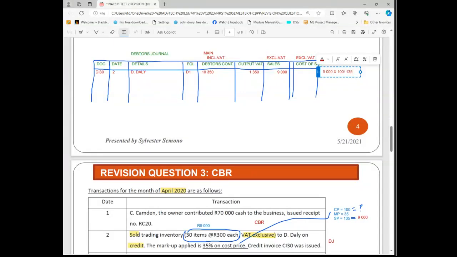Because I was waiting. Why 35? Because if I put 35, it means I'm looking for it. I'm not looking for 35. Then the amount is 6,666.67. Thank you.